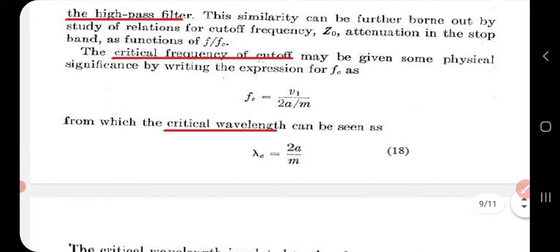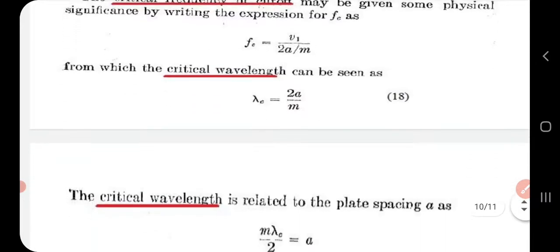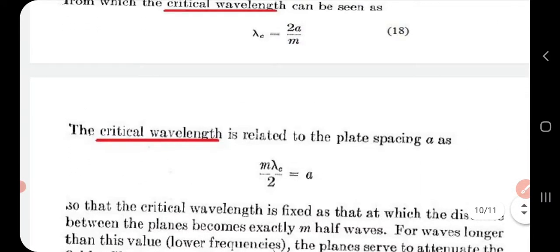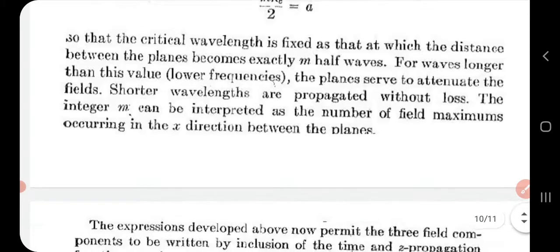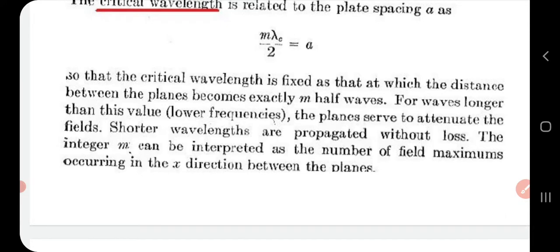So three expressions they have given, one for critical frequency, critical wavelength, and the relation between critical wavelength and plate spacing. So the critical wavelength is fixed as that at which the distance between plates becomes exactly m half waves.